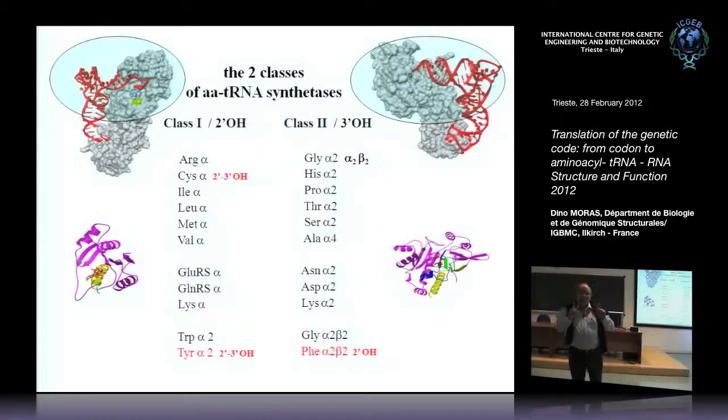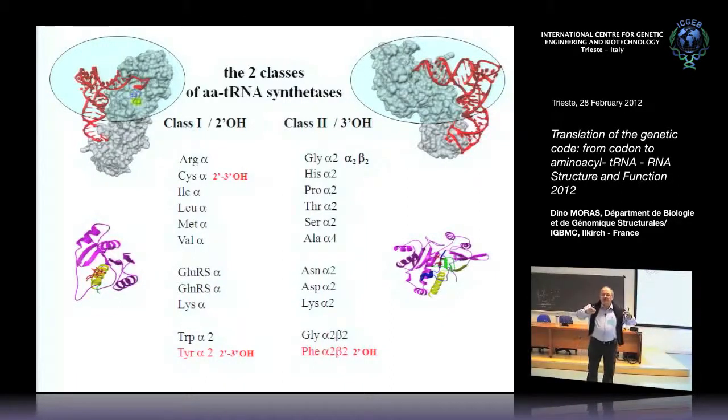But the first real interpretation came from sequence analysis, not structure. Sequence analysis allowed us to compare the sequences of the synthetases. That was done, and I don't enter into the technique. This has been published already, and it's a textbook.